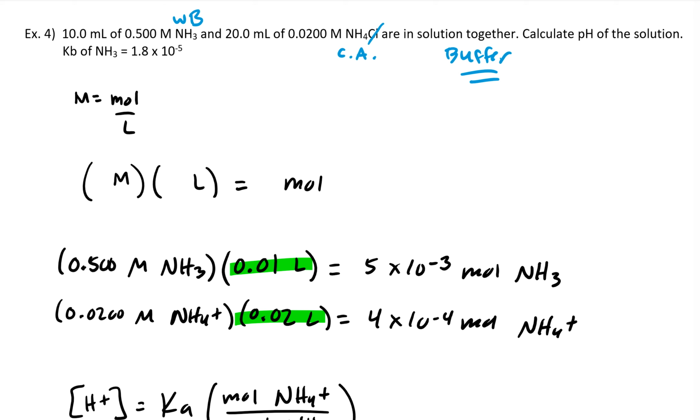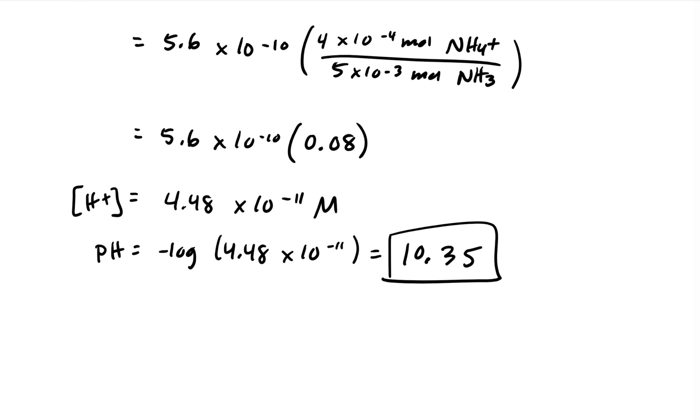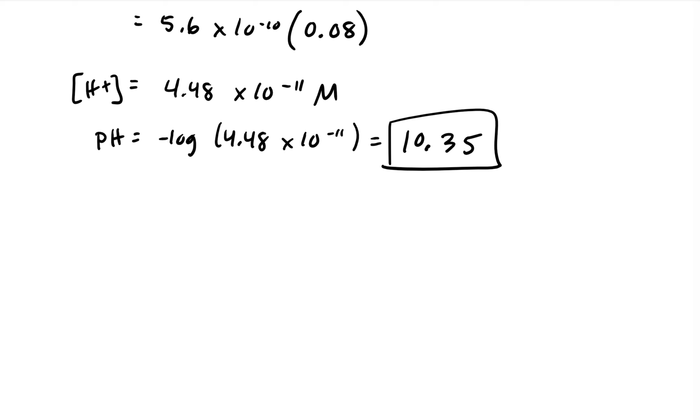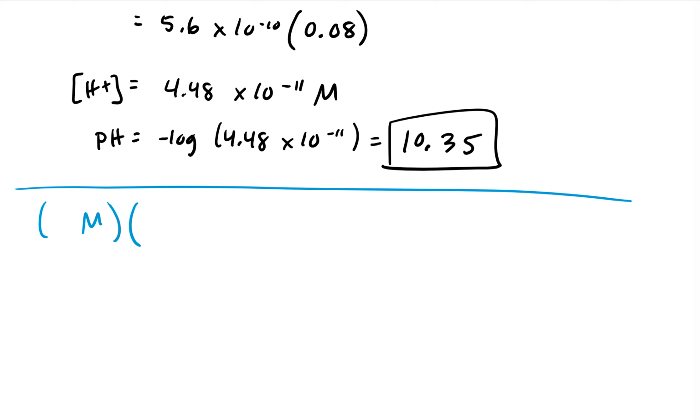If instead you took molarity times milliliters, you would end up getting something called millimoles. So I just wanted to show you an alternative way of calculating those moles for those of you who are interested. Molarity times milliliters gives you millimoles, 1,000th of a mole.